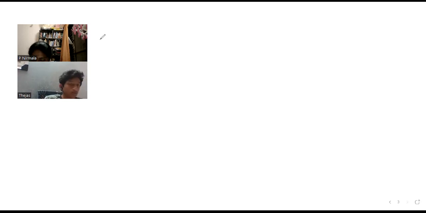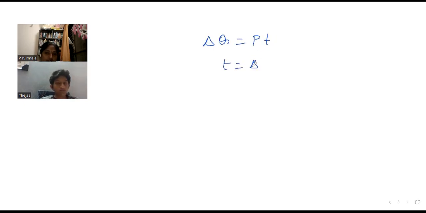Next, the specific heat capacity C also they given, right? You can find out first heat energy. Then afterwards, using the heat energy, time you can find out. Time is what? T equals delta Q by P.